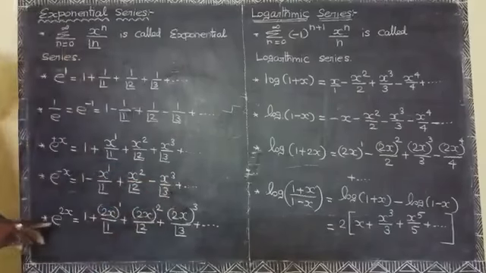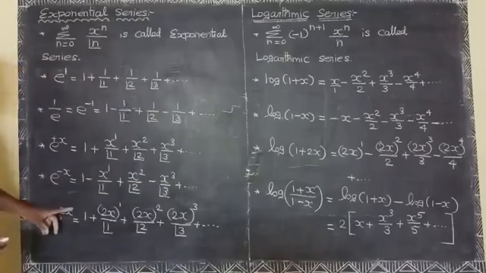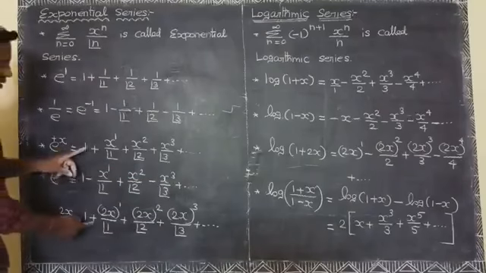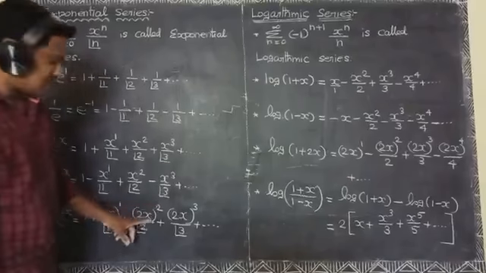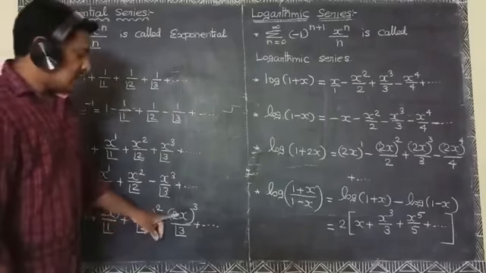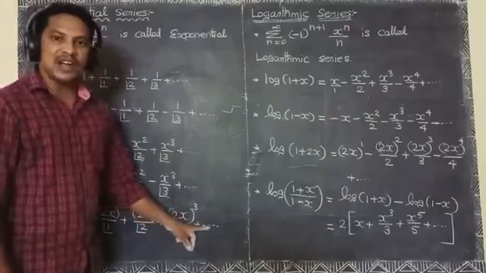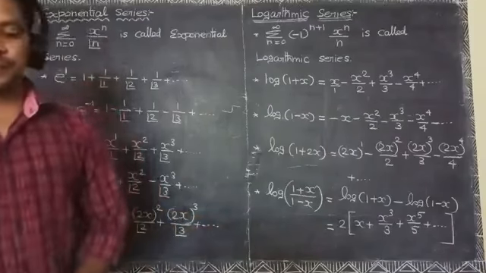Here e power 2x means 1 plus (2x) power 1 divided by 1 factorial plus (2x) square divided by 2 factorial plus (2x) power 3 divided by 3 factorial plus and so on.